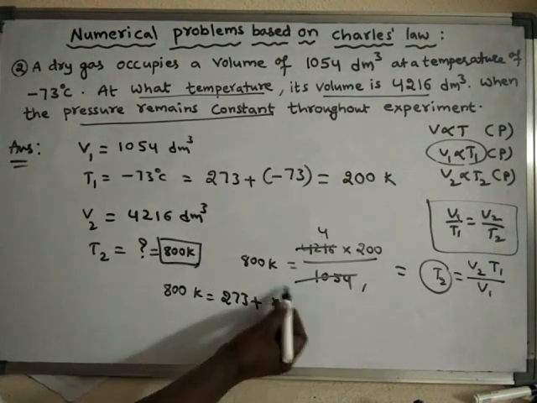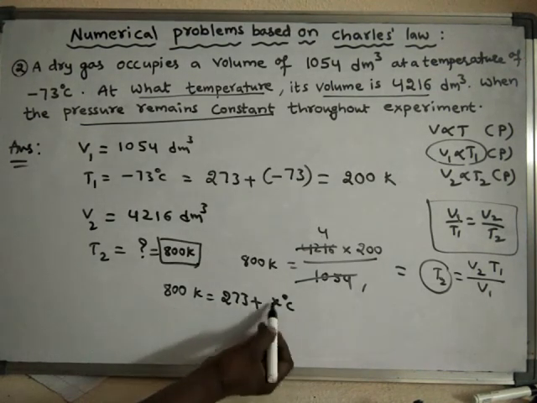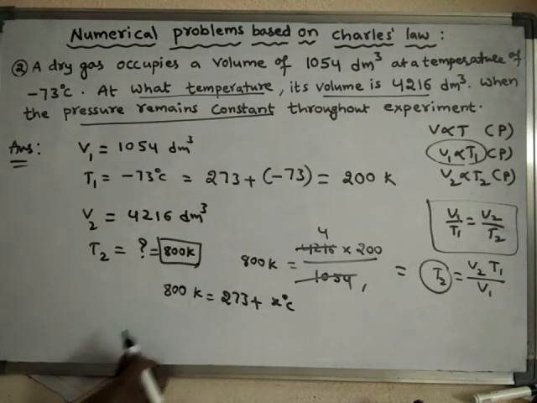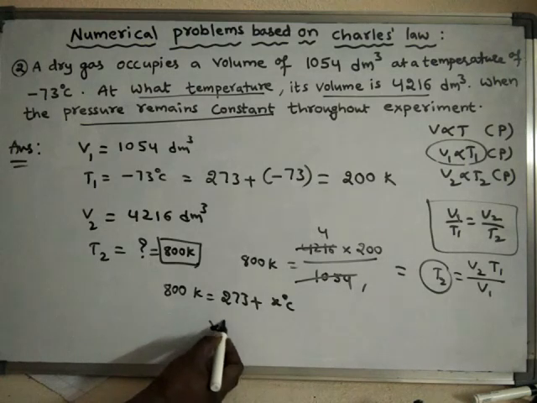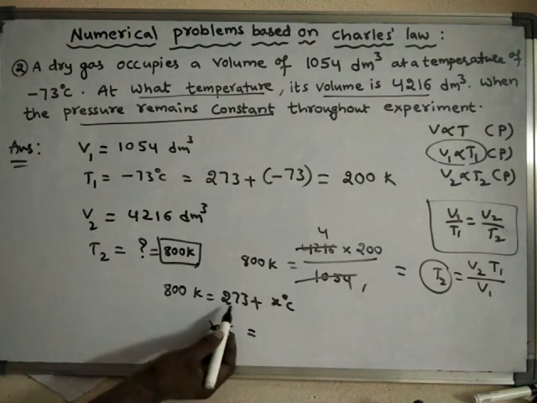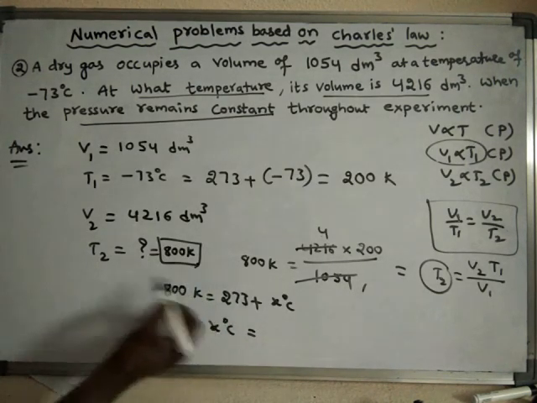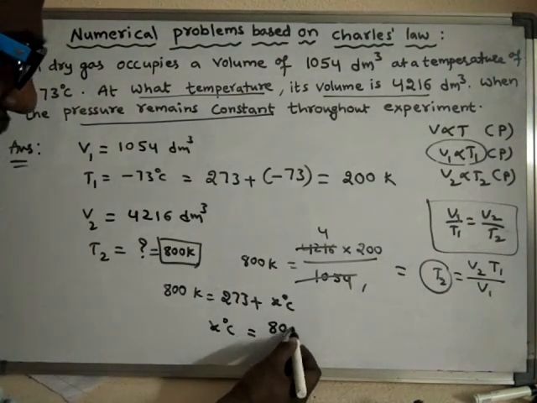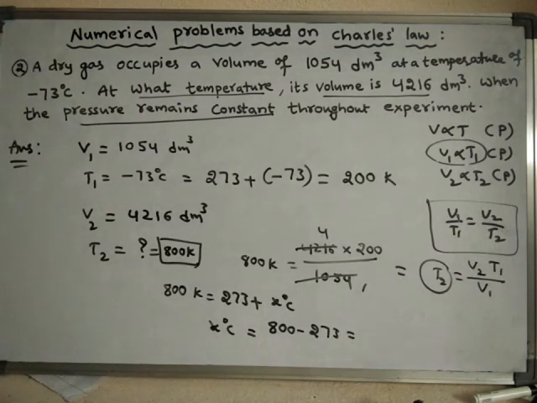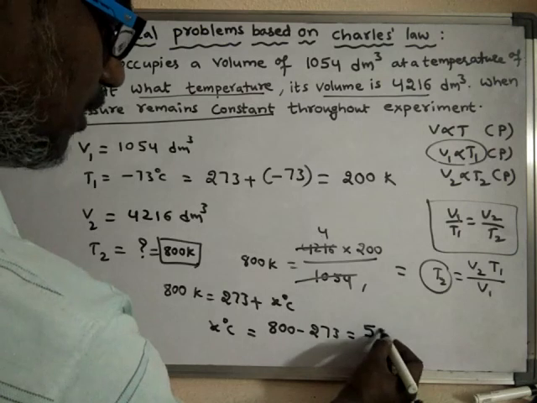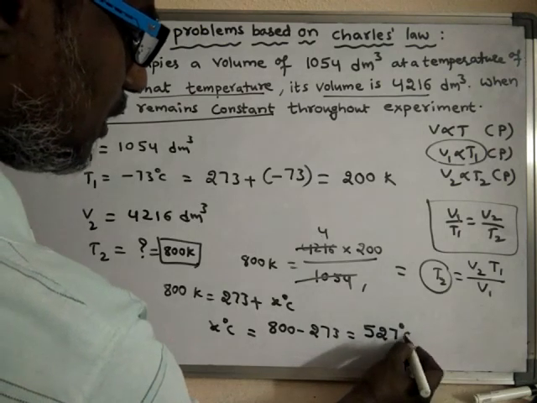We don't know what this value is in degree centigrade, so simply keep it as x. Then x degree centigrade will be equal to, take 273 this side, that means 800 minus 273. That is 527 degrees centigrade.